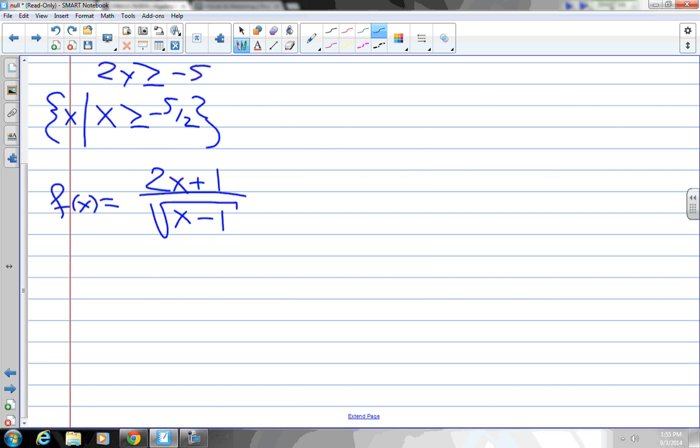Well, how many trouble areas do we see? 2. We have to make sure the denominator is not 0 to begin with, right? So x cannot equal 1.